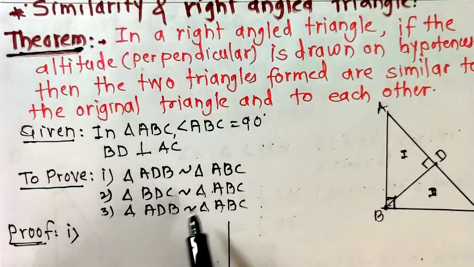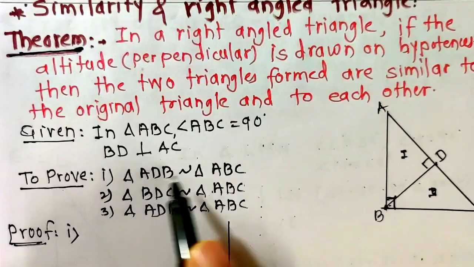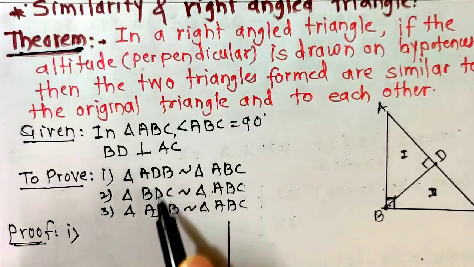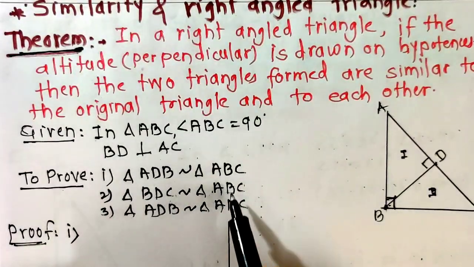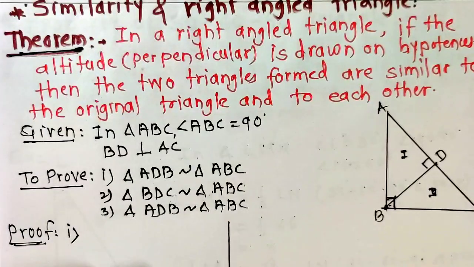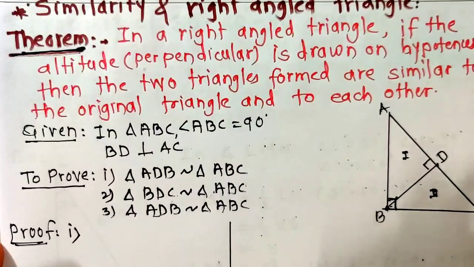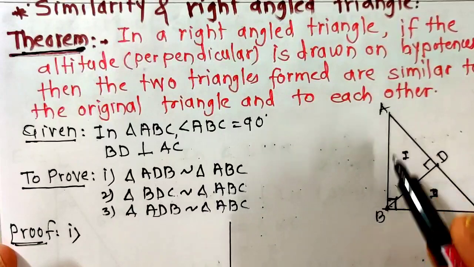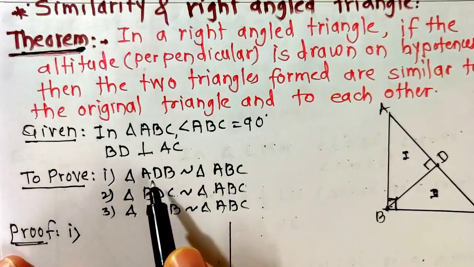Both are similar to the same triangle ABC, that's why they are similar to each other. That is the property. So given in triangle ABC, angle B is 90 degrees and BD is perpendicular to AC, meaning an altitude is drawn on the hypotenuse. Then what do we have to prove?